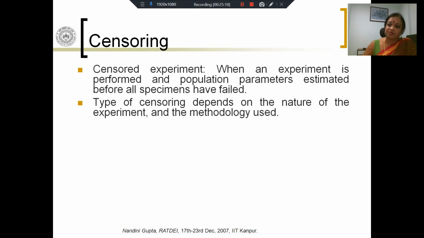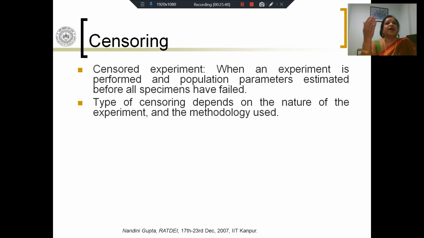Therefore, in such situations, we might like to remove those data from the data that is to be analyzed. So this is one example where failure occurs and we are removing some of the failures from the data.